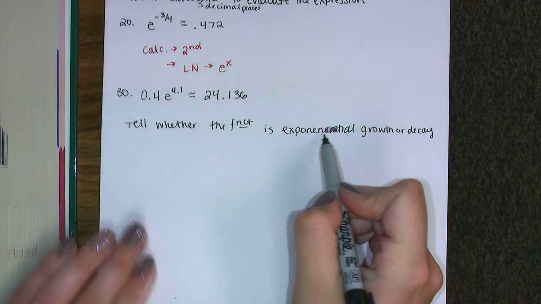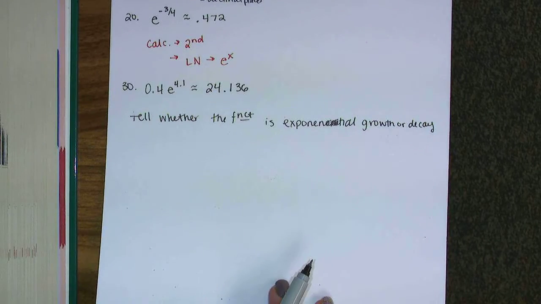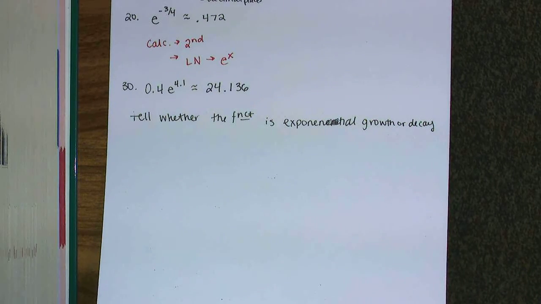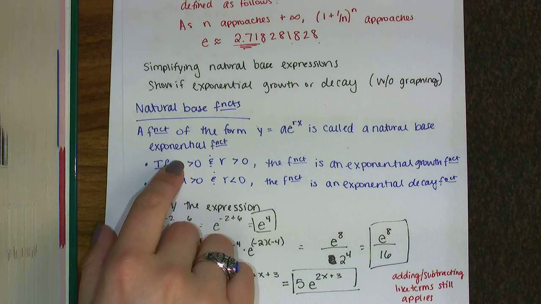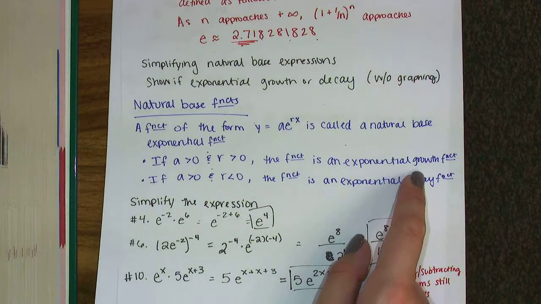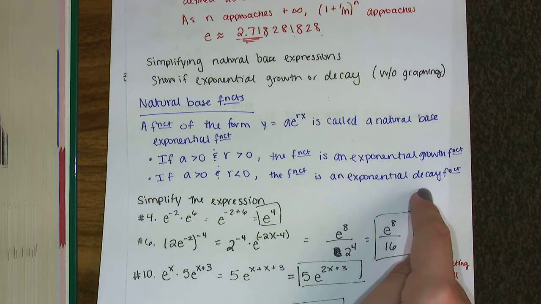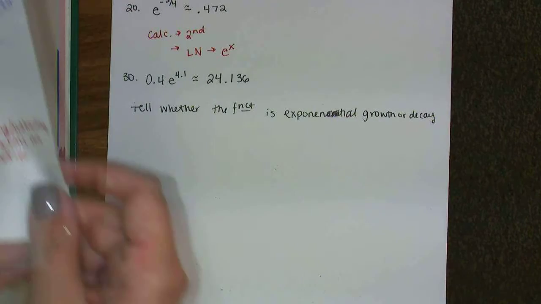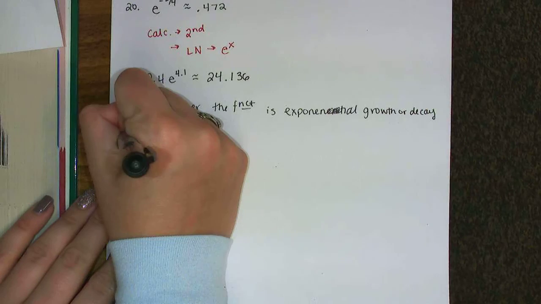Alright. So remember back, before I put a problem up, we're looking back at these rules here. If A is greater than 0 and R is greater than 0, it's growth. A greater than 0, R less than 0, it's decay. So let's take a look at these functions. 32. F of x is equal to 1/3 e to the 4x.